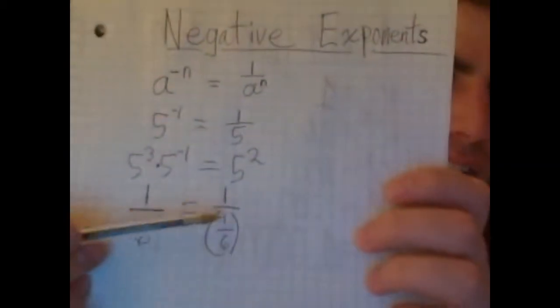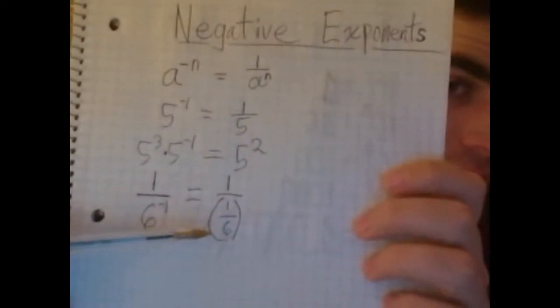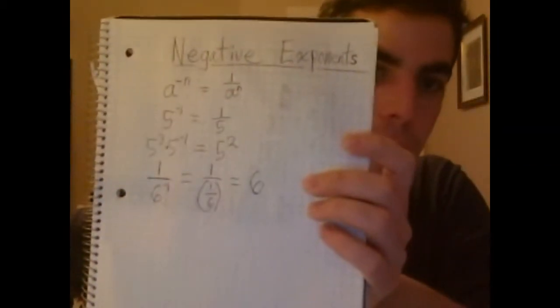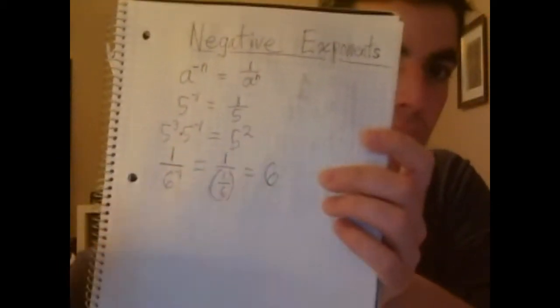We know that 6 to the negative first is actually 1 over 6, right? You know how to divide fractions, which is flip them and multiply them, and we'll get this answer, 6.